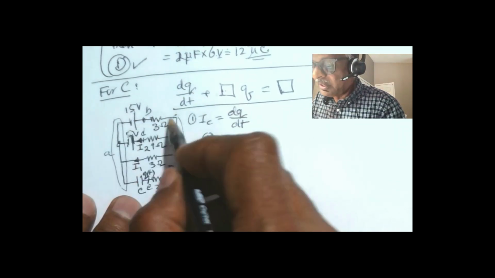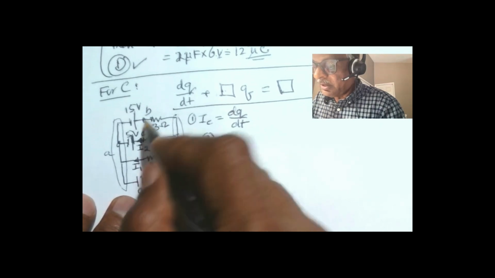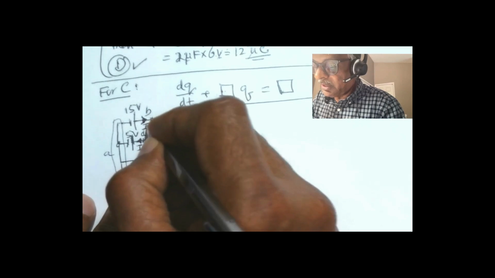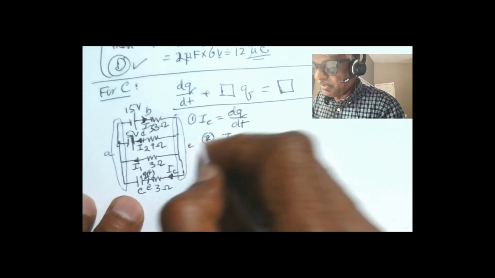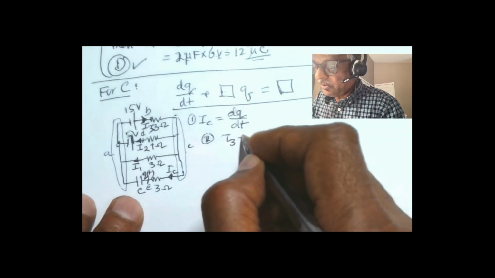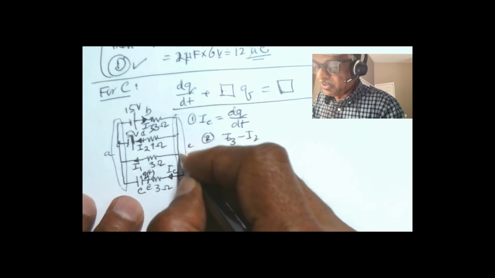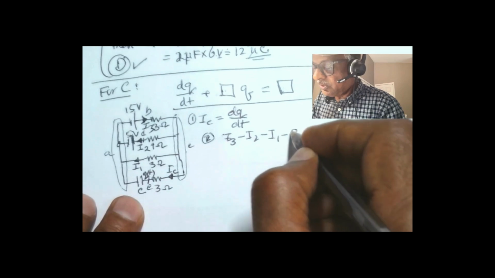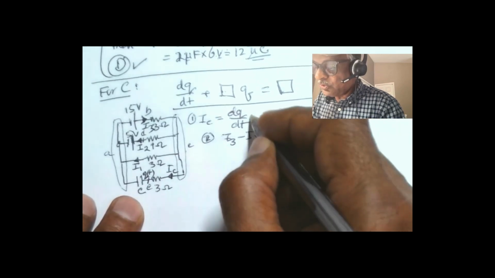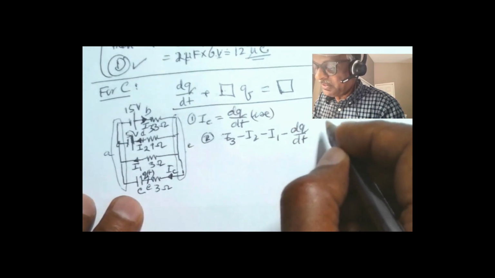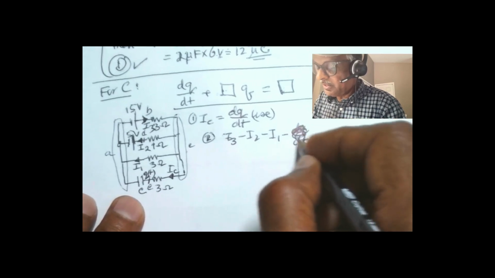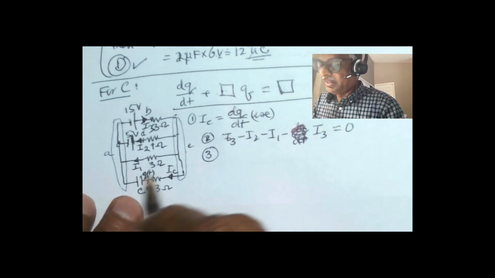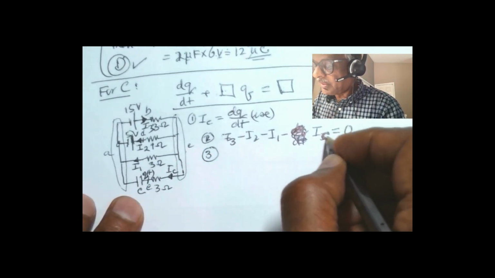So at C, the current I3 is coming in, I2 is going out from C, I1 is going out, and IC is going out. I'll use this everywhere, on dq dt. Maybe just write down I3 right now, and even IC right now.